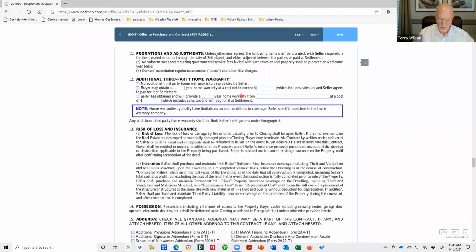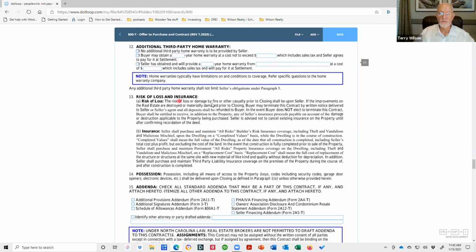Proration and adjustments. Taxes will be prorated as normal. Risk of loss and insurance. Again, the risk of loss for fire, damage, etc., is on the seller until closing. Closing being deed recordation. All that's on the seller until deed recordation.